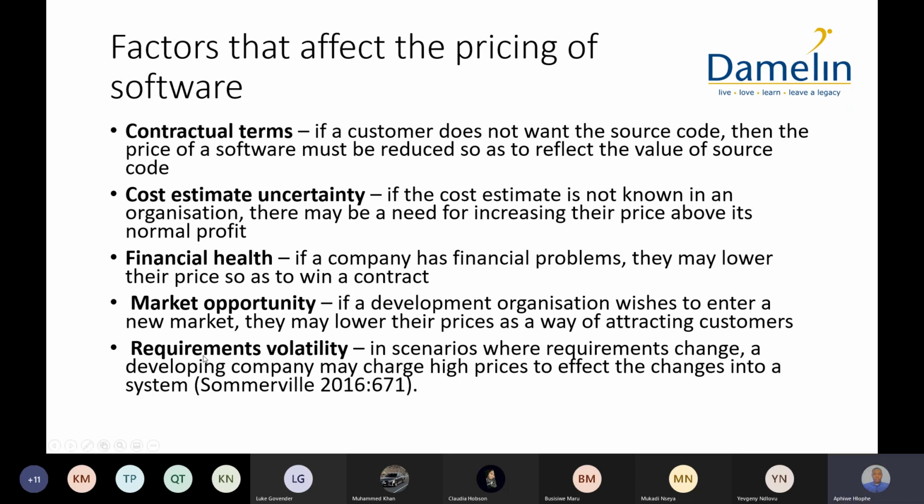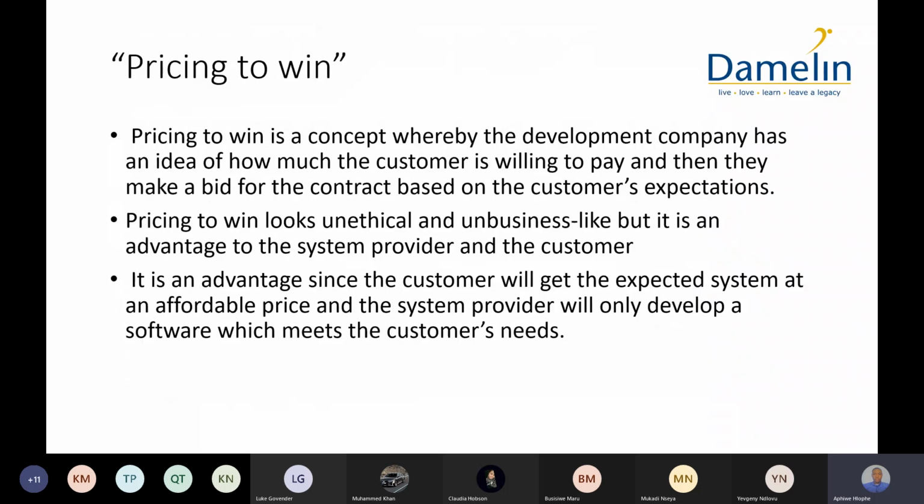And requirements volatility. In scenarios where requirements change, a developing company may charge high prices to effect the changes into a system. Okay, so yes, it actually ties in also to the second point, dynamic requirements. So there's this concept which we call pricing to win.